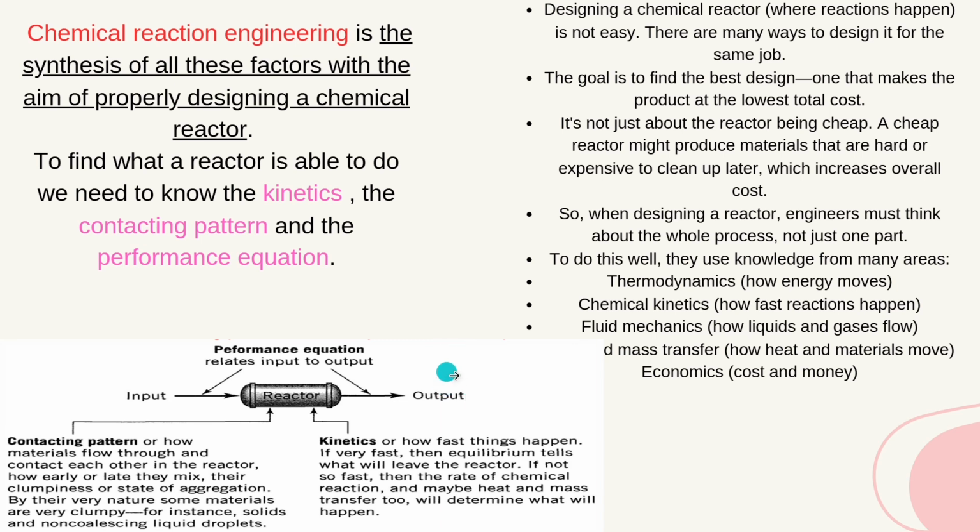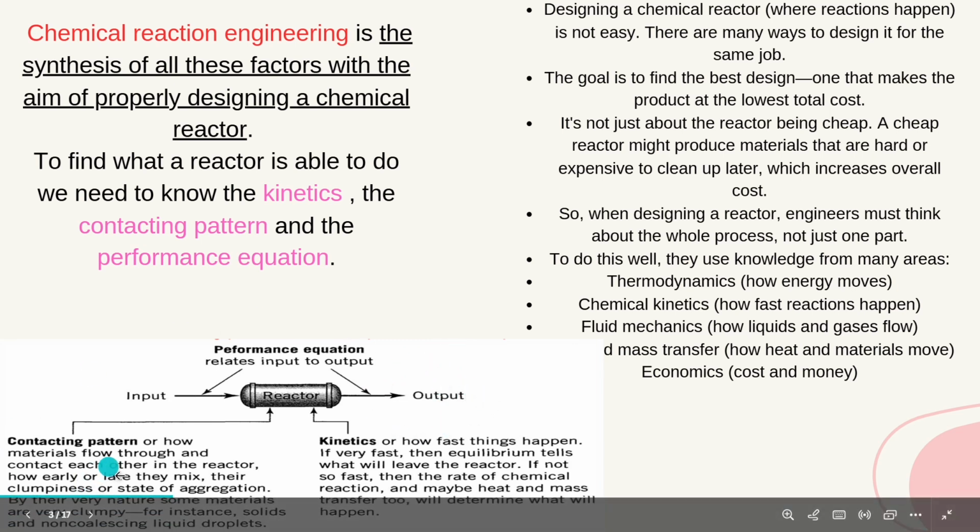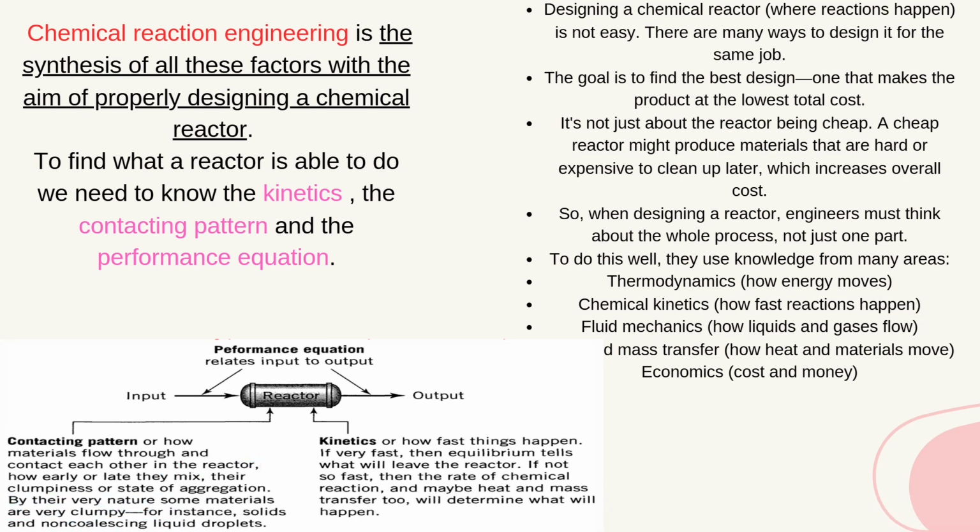Contacting pattern is how materials flow through and contact each other in the reactor, how early or late they mix, their clumpiness or state of aggregation. State of aggregation means whether the material is solid, liquid, or gas.